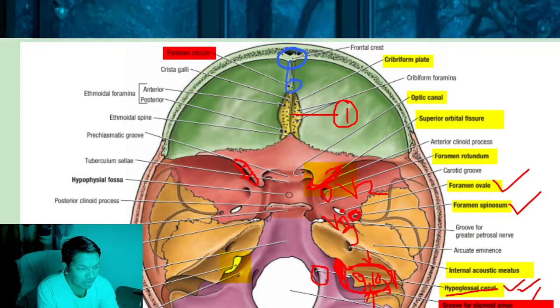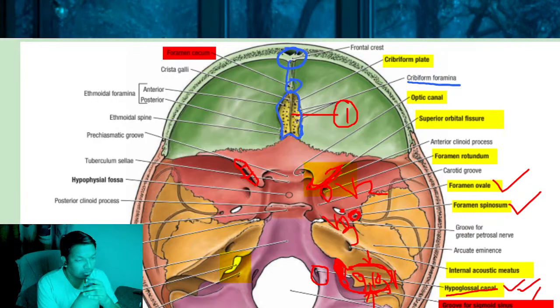Just behind the foramen cecum, there is a fragile plate-like structure. This is the cribriform plate. And this is in which bone? This is the ethmoid bone. So together we say cribriform plate of ethmoid.